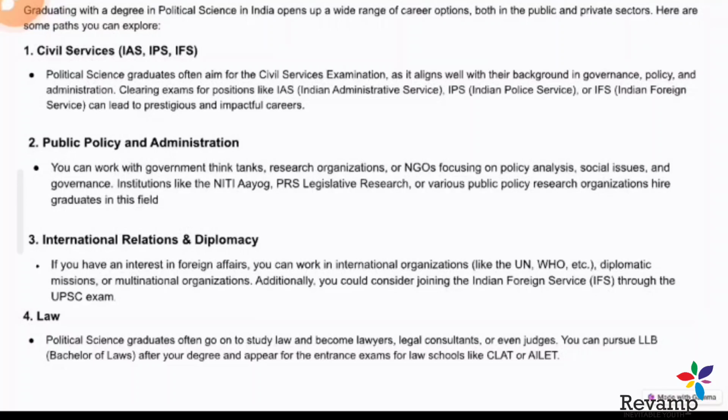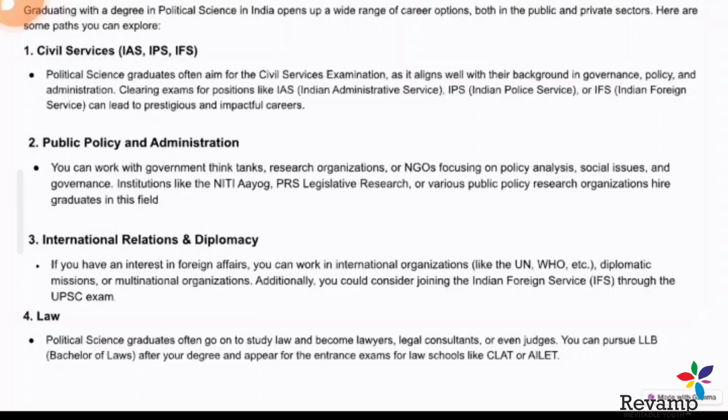You can go for it not only through the IFS, the Indian Foreign Service, but a lot of international or multinational organizations also need students who have political science as their subject. So there also you can get an opportunity.